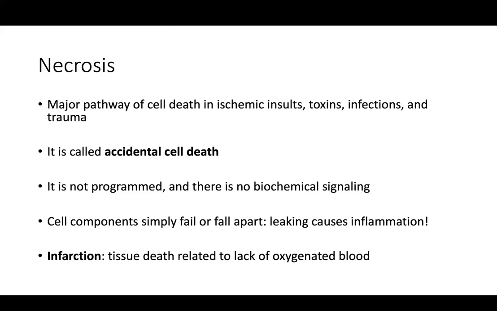Severe trauma, it's going to be necrosis. This is the major way that cells will die when they're injured. It's called accidental cell death and not programmed cell death because there's absolutely no biochemical signaling. In fact, the cellular components just simply fall apart, and all the stuff just leaks out.